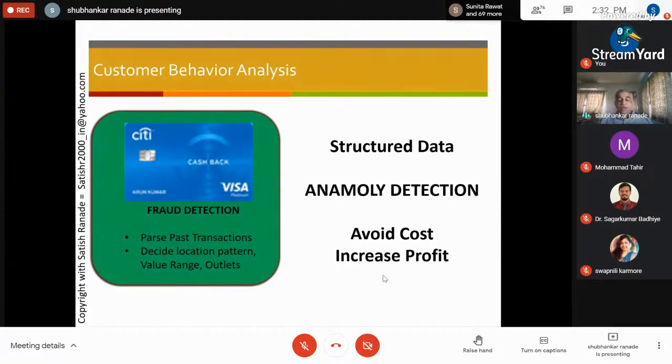And our database shows that this is the card being used for the first time in Johannesburg using Rand currency. Rand is the local South African currency. And your data of the last 25 years shows that you have never used that card or Rand currency in Johannesburg.